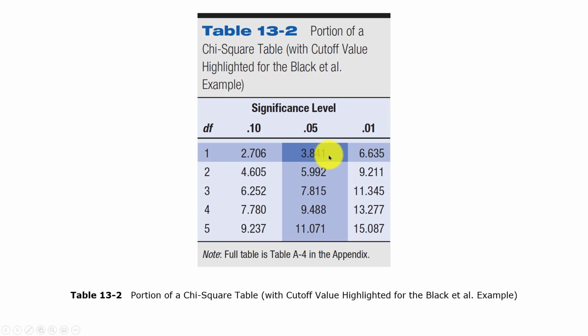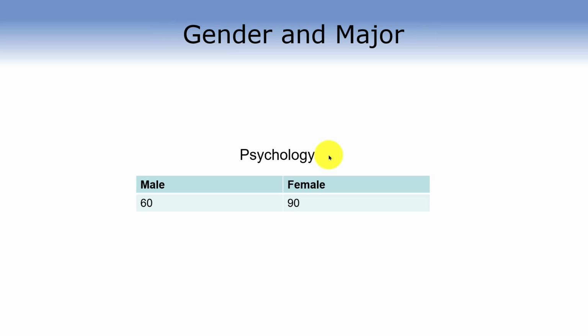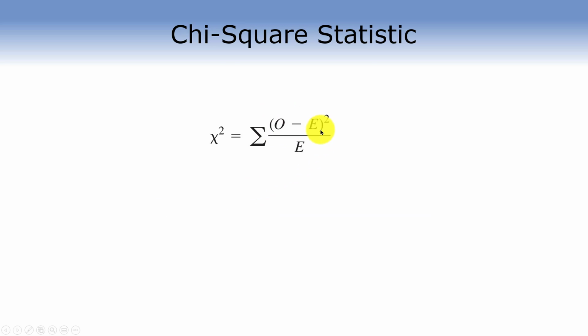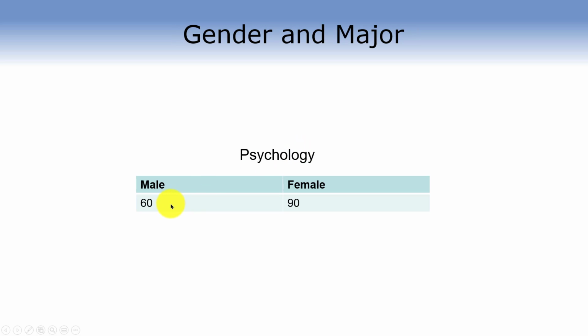Right? So this should be a fairly straightforward calculation. Right? The complexity with the chi-square is in determining the expected value. That's the hardest part of it, right? We just take observed minus expected squared divided by expected. We do that and then we add them all up, right? So figuring out what the expected value is usually where the conundrum is going to be.